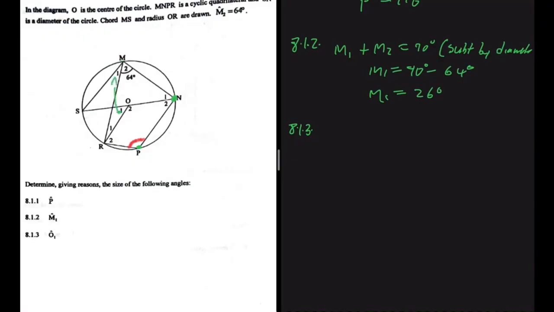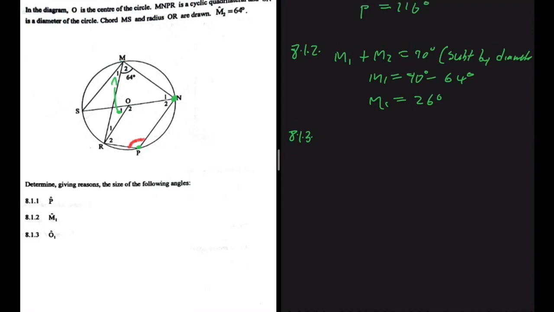Because an angle at the center of the circle is twice the angle at the circumference if they are from the same arc, right? You can see here that O1 is subtended by SR, and the same is true with M1, right? O1 is at the center and M1 is at the circumference. So now we can say that O1 is equal to 2 multiplied by M1. But what is M1? M1 is 26 degrees, right? So 2 multiplied by 26, that should be 52 degrees.